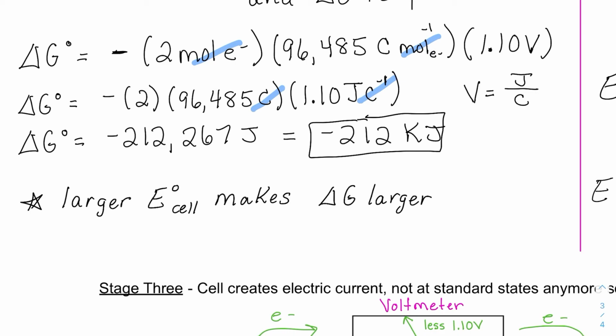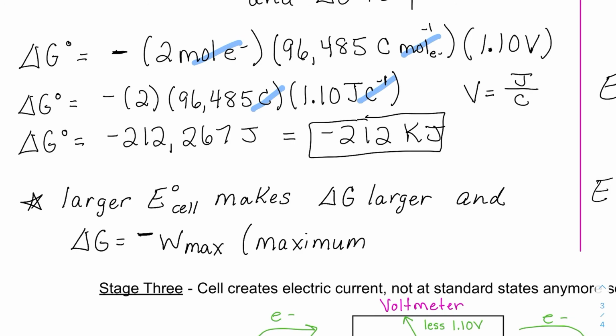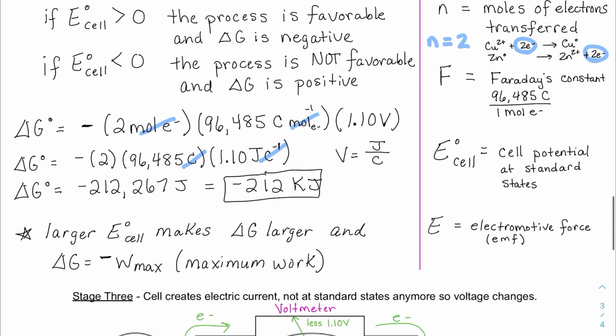More importantly, delta G relates to work, so you take a negative, called work max, or maximum work, and the negative sign will help get rid of the negative sign if delta G is negative because it's spontaneous. So the maximum work that you can get from something relates to the delta G, which relates back to the cell potential. And again, make sure you catch that little mistake right there. All right, it's right now though.